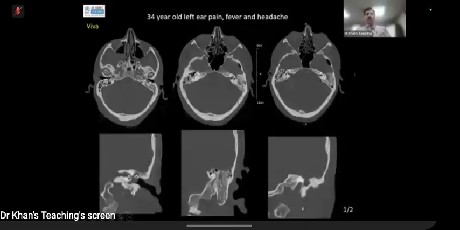Now, this is what is happening. We can see opacification of the mastoid cells. We can see opacification of the middle ear. Concentrate on this one and this one. What is the main finding? Over to you, and what is your conclusion?